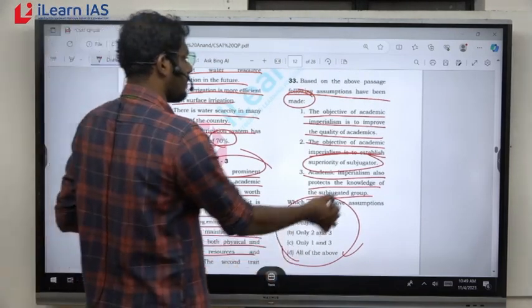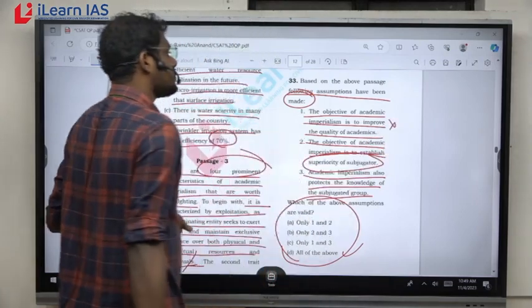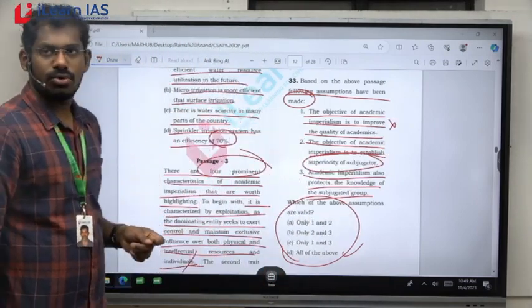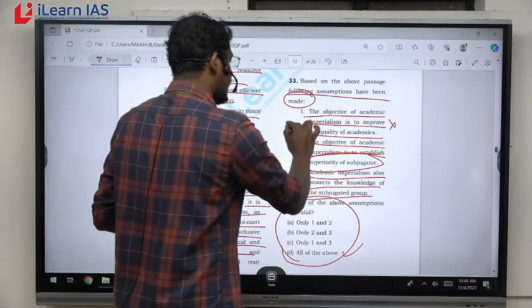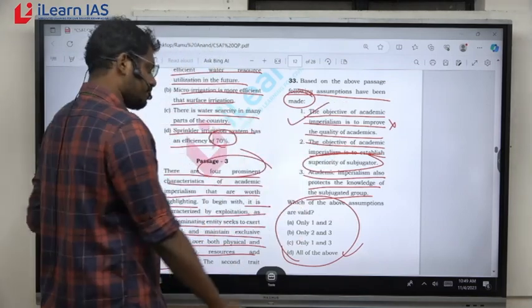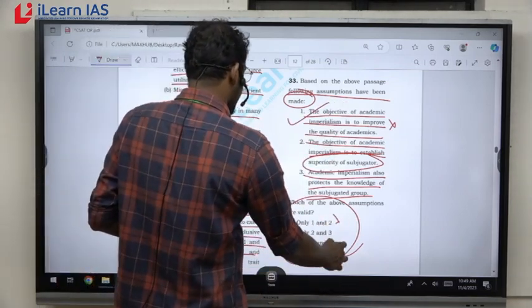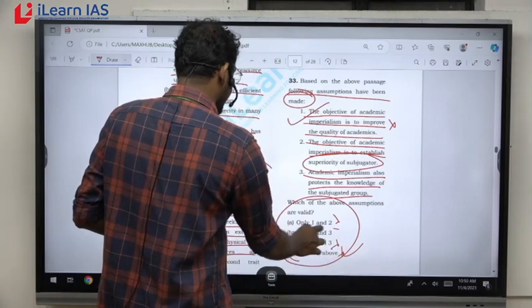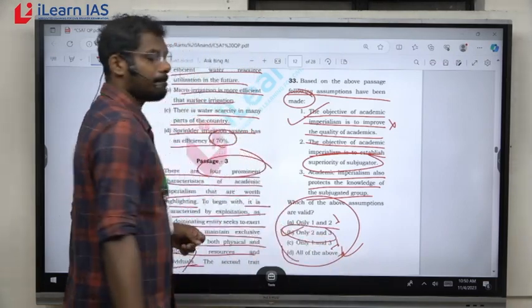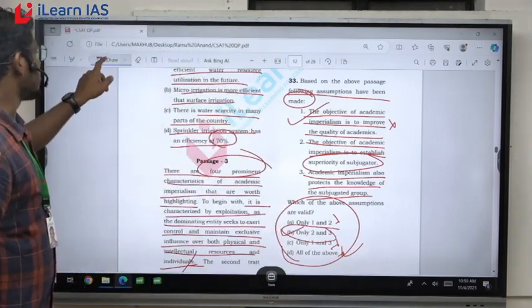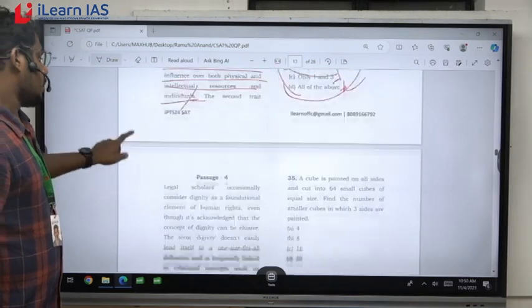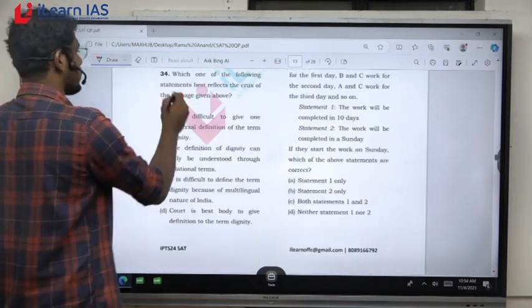Hence, we cannot say that the objective of academic imperialism is to improve the quality of academics. If we can eliminate statement number 1, we can eliminate options A, C and D. Hence, we can reach the answer, option B, for question number 33. So moving on, next question number 34.